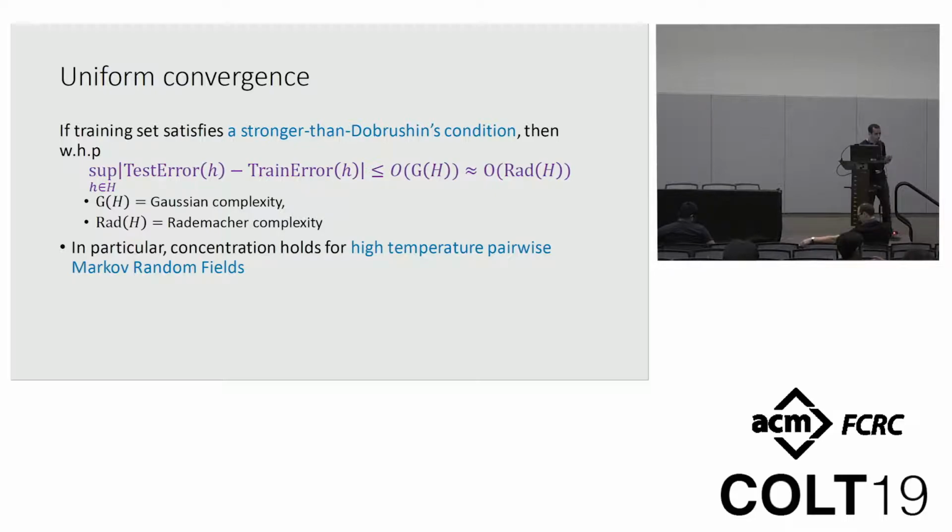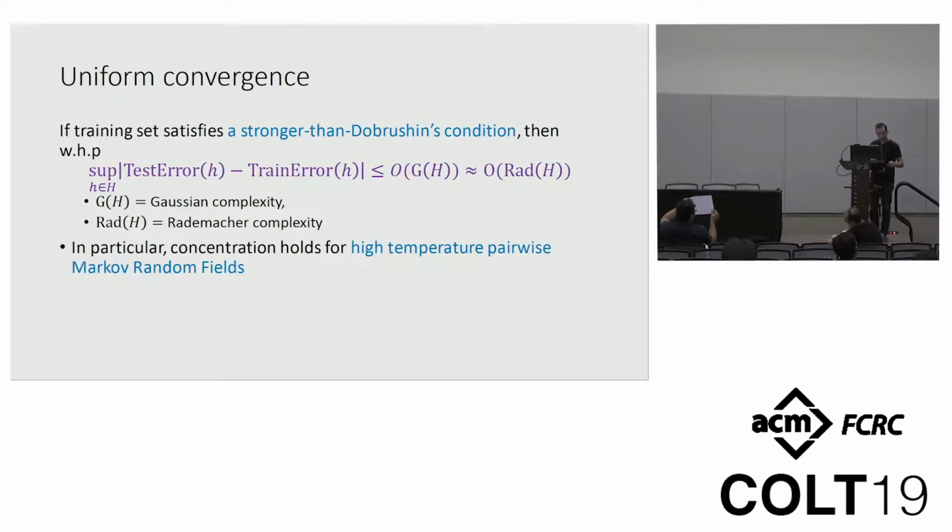Now, what if we want to prove uniform convergence? We didn't manage to prove this result for the Dobrushin condition, but if we assume a slightly stronger condition, then we can show uniform convergence under essentially the same IID sample complexity. We bound the supremum over all hypotheses in the class of the test error minus the training error by the Gaussian complexity.